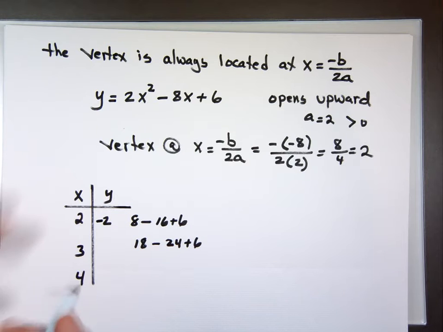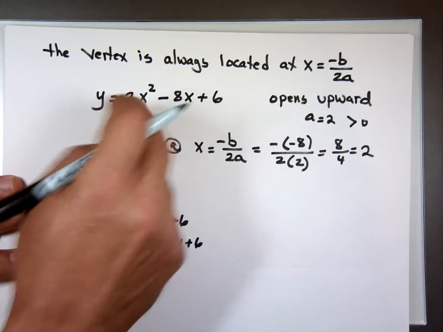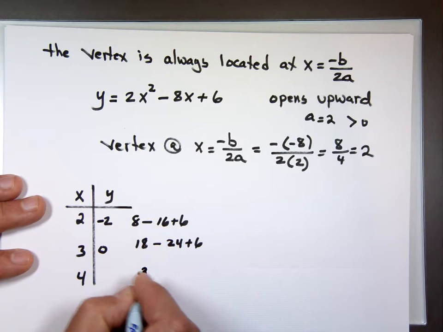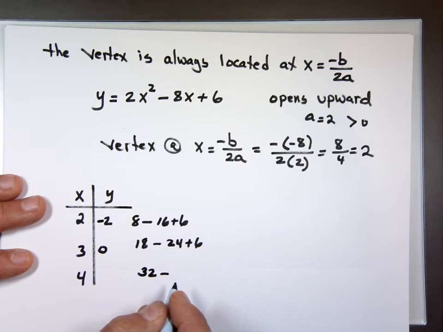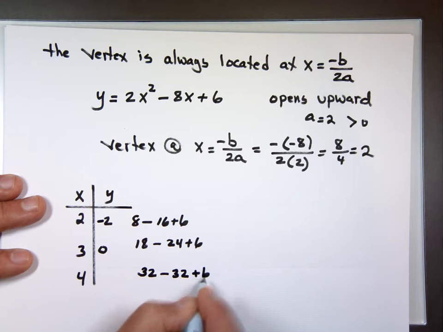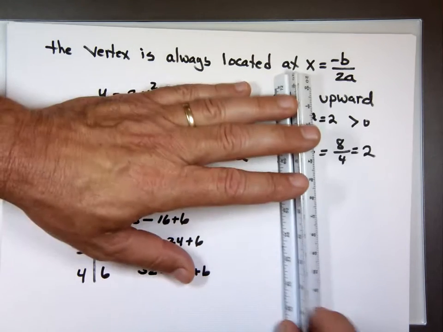Is that a 0? When x is 4, 4 squared is 16, times 2 is 32, minus 8 times 4, which is 32, plus the 6, which is 6. So now I'm going to graph them.